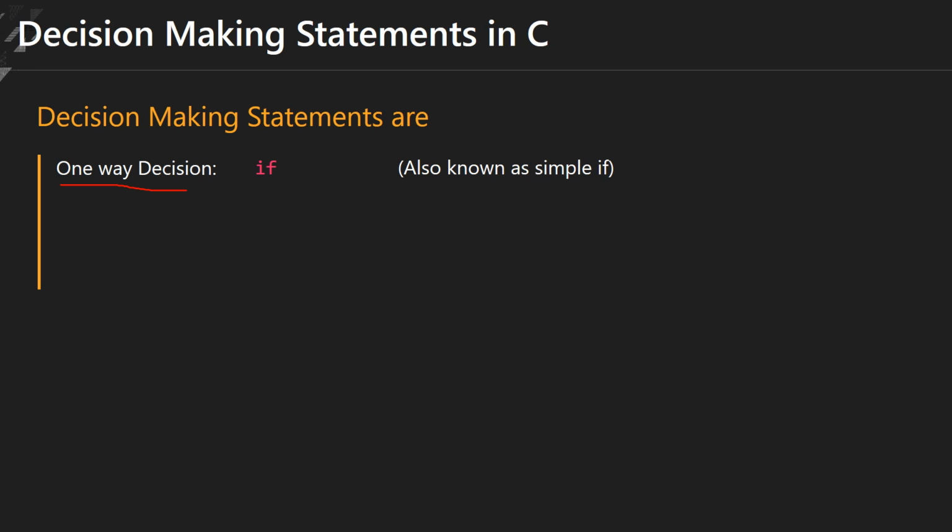This is also known as the simple if statement. The second is the two-way decision, called the if else statement. If the condition is true, you execute statement 1, or else, if the condition is false, you execute the else block.